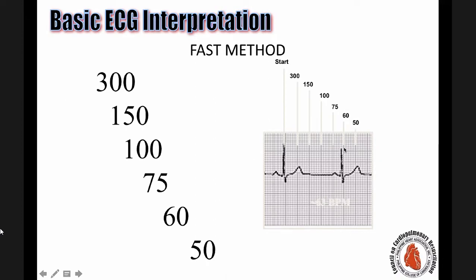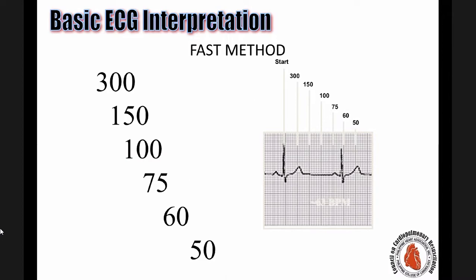So the heart rate is between 75 to 60. So at least you can approximate na normal sinus rhythm, I mean, within the normal heart rate yung pasyente. So ito yung fast method. Kung wala kang calculator, i-memorize mo siya. 300, 150, 100, 75, 60, 50, 40, 30, 20. So visually lang.